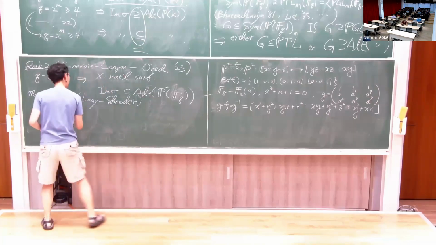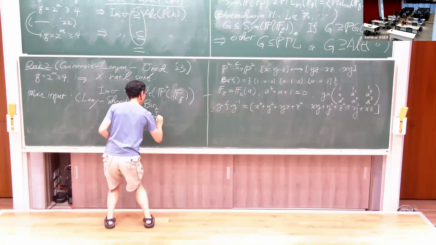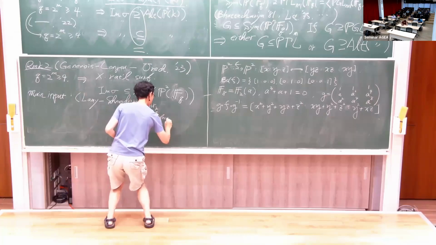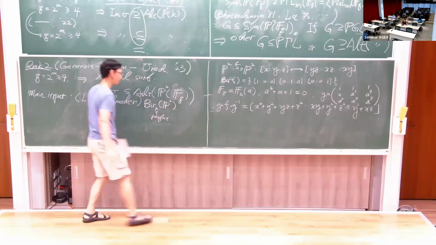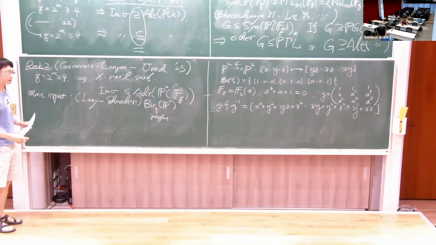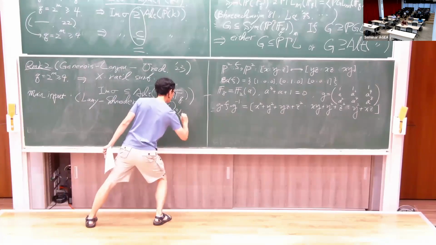These two proved that Bir(P2) over K, where K is any perfect field, the so-called plane Cremona group, is generated by involutions.